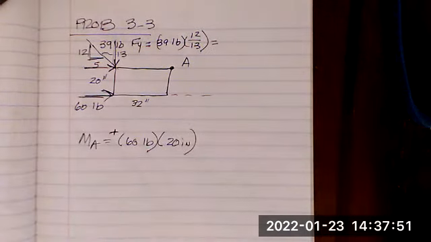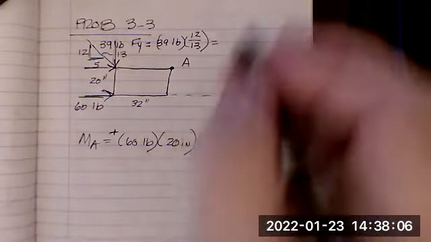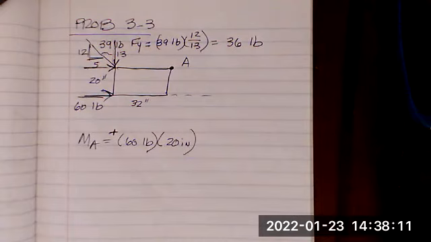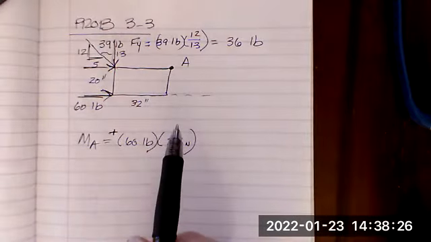Let me get my calculator. 39 times 12 divided by 13 equals 36 pounds. So Fy does contribute to the moment, and Fx does not. Once you break that force of 39 pounds into its components, you realize Fx does not create a moment about A, but Fy does.